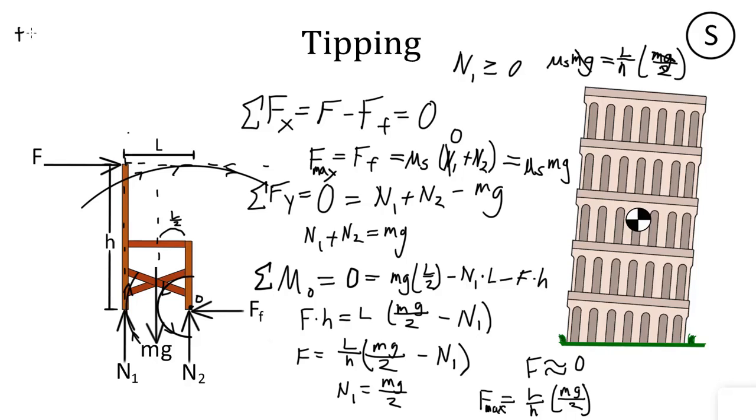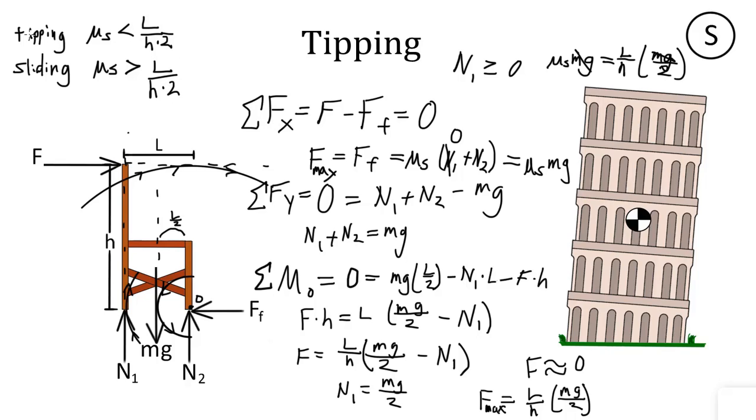If it's going to be tipping, then you're going to have mu s less than L over h times 2. And if it's going to be sliding, then mu s has to be greater than L over h times 2.